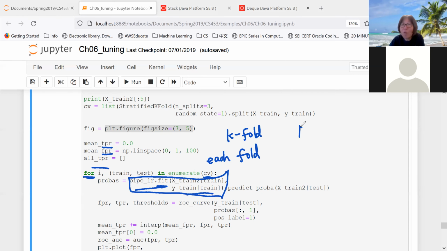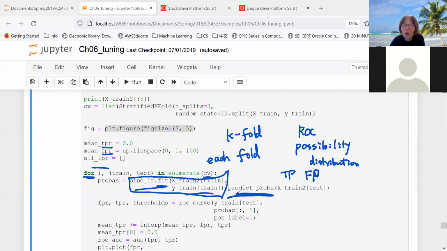If you recall, ROC is regarding the probability distribution of the true positive and false positive. So you just call predict probability, and you can collect the distribution.